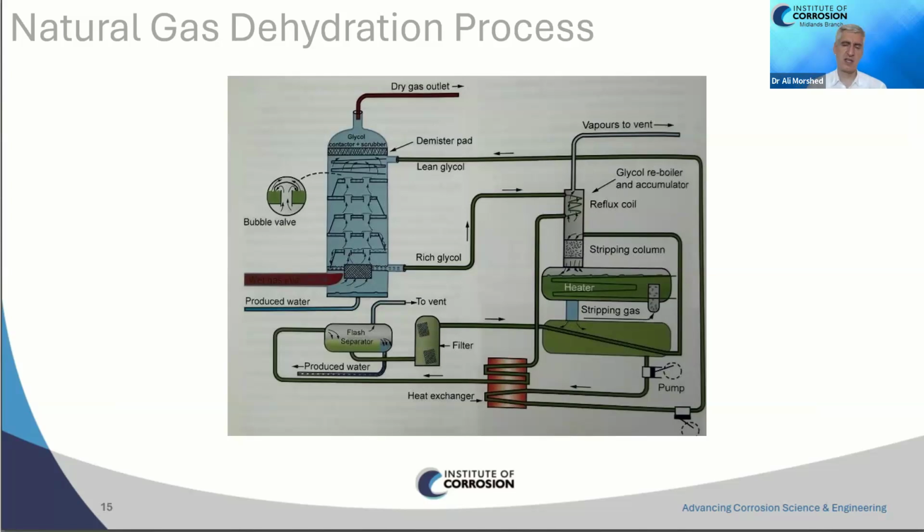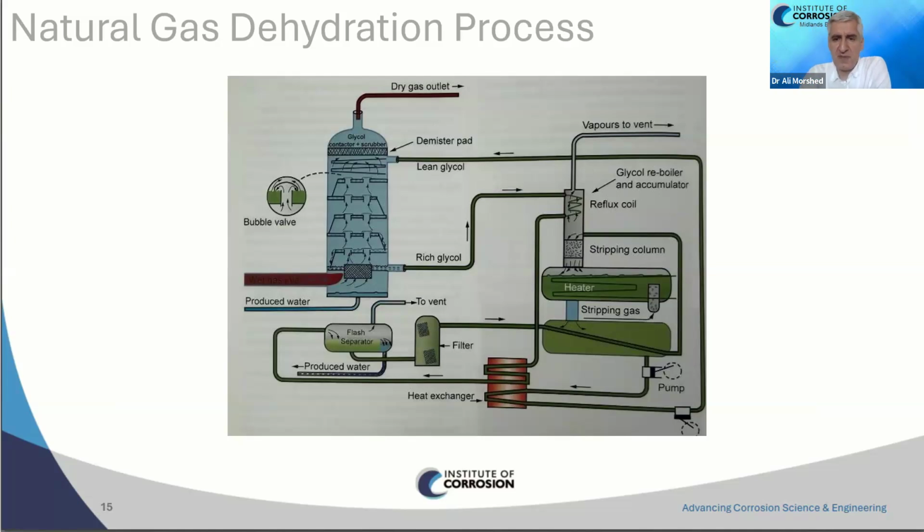When you exceed the nominal capacity of your refinery, this system cannot do its job properly, and some of the supposedly lean glycol which goes back to the tower is actually wet glycol. So water removal is not taking place properly.